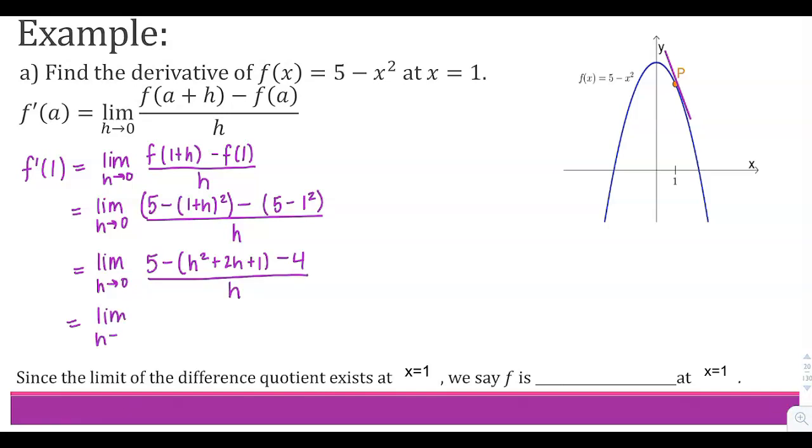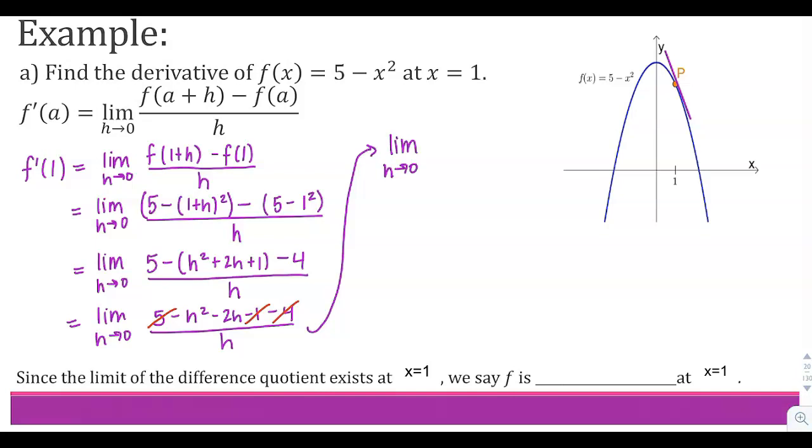And I keep going here, so I have 5 minus h squared minus 2h minus 1, so distribute the negative, minus 4 all over h. And now, in the numerator, we have 5 minus 1 minus 4 cancels, that's 5 minus 5. So I'll go ahead and rewrite what I have going on left. I have the limit as h approaches 0 of negative h squared minus 2h over h.